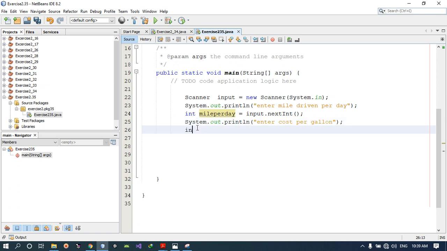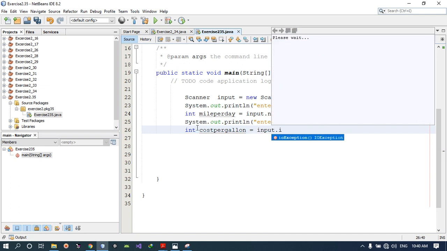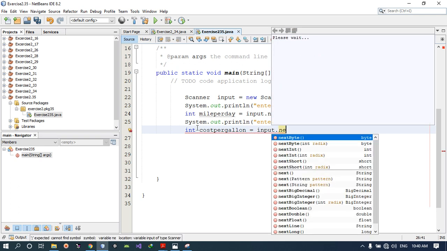Now take the input: cost per gallon equals input.nextInt.